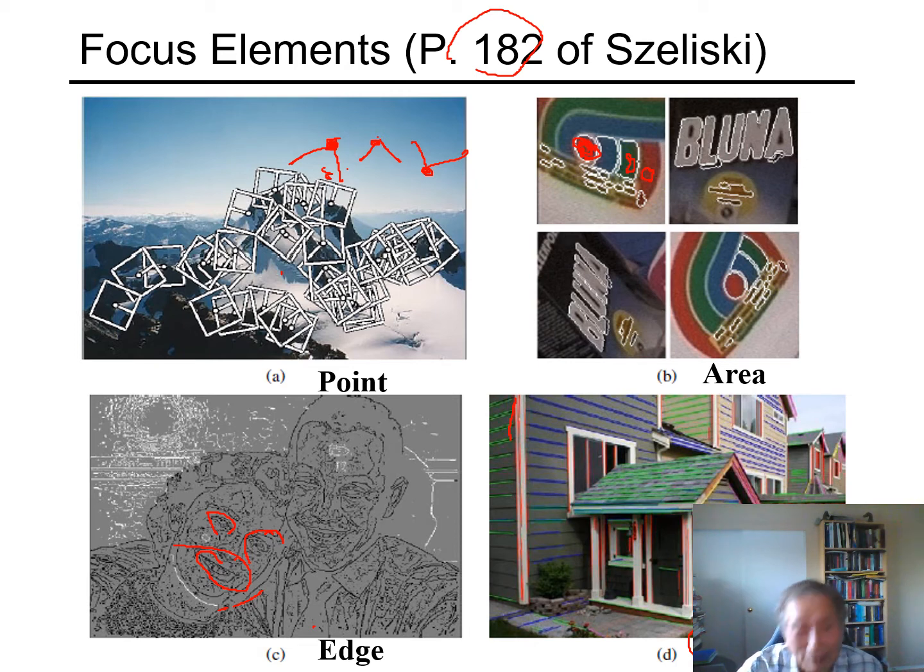So those things can be identified through the edges. So edges are the general case of some kind of linear geometric property that separates out two different regions.